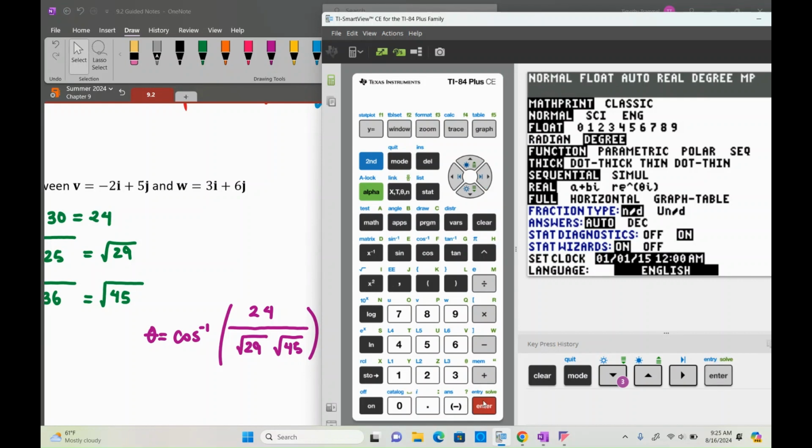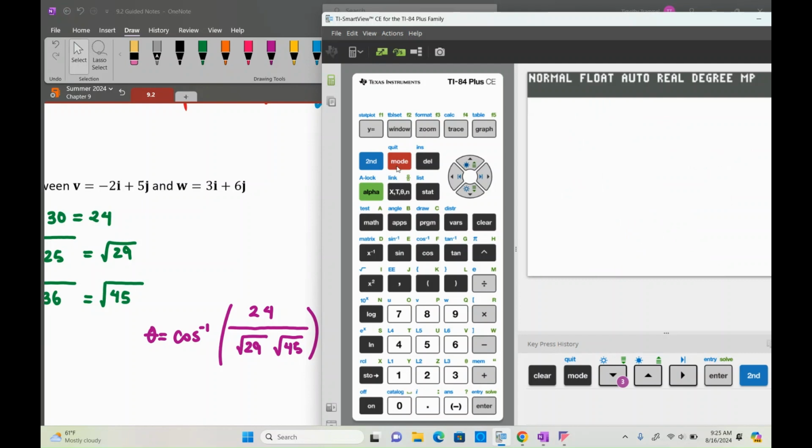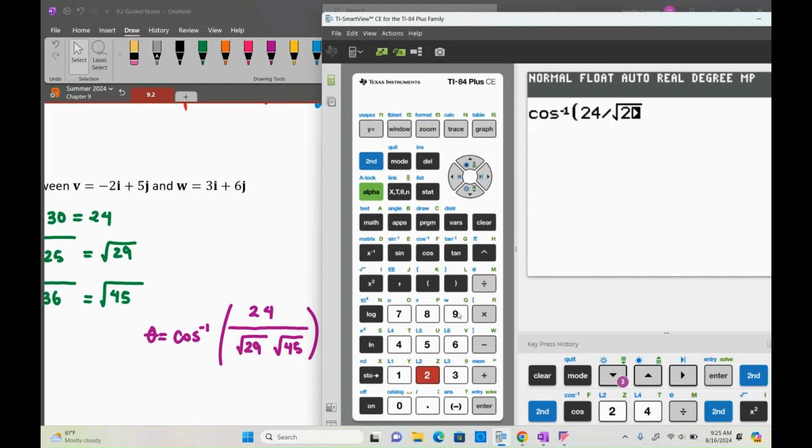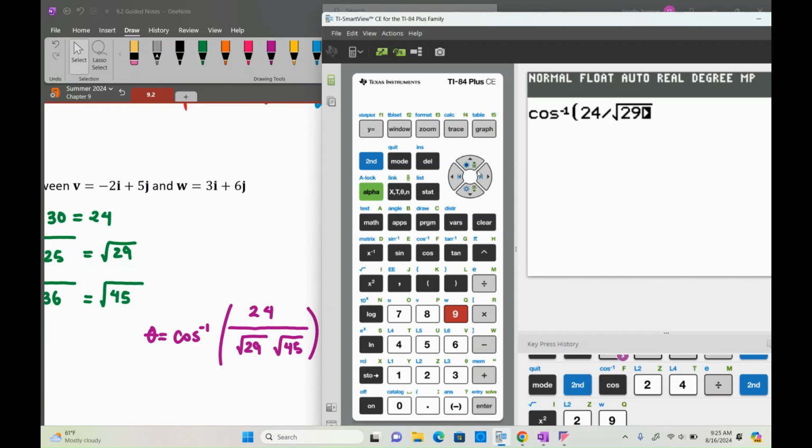This is because typically when we're thinking about the angle between two vectors, we're going to want to be in degrees rather than radians. Now that I'm in degrees, I'll hit cosine inverse here. We have our 24 divided by the square root of 29. And I need to also multiply that by the square root of 45, which means I'm going to need an extra set of parentheses here.